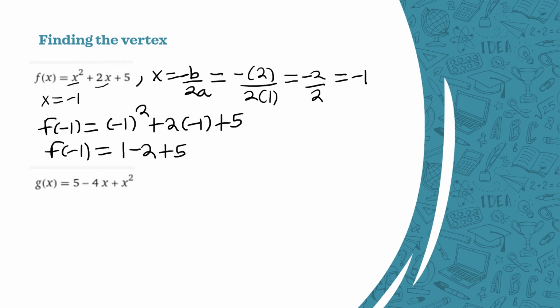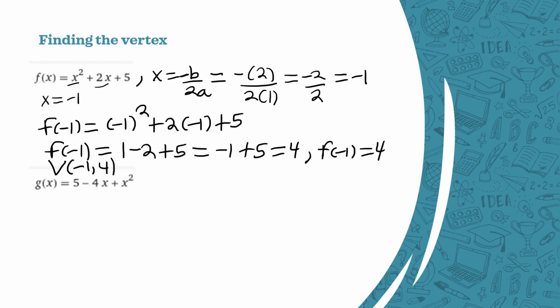Plus 5. 1 minus 2 is negative 1, plus 5 is equal to 4. So f of negative 1 is equal to 4. It's the vertex, which I'll label V, is negative 1, comma 4.